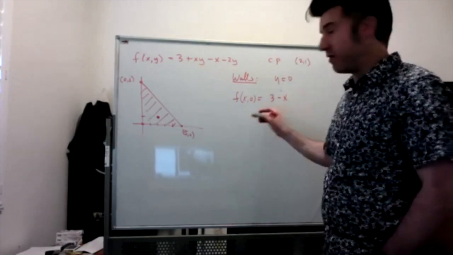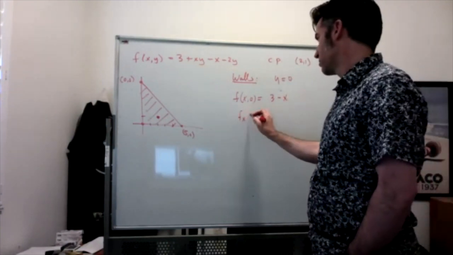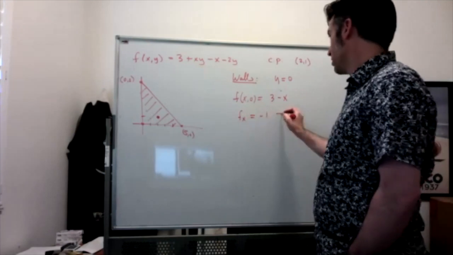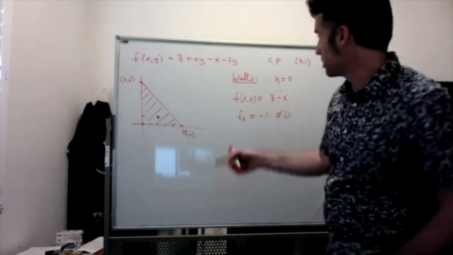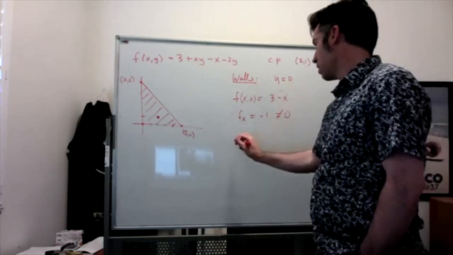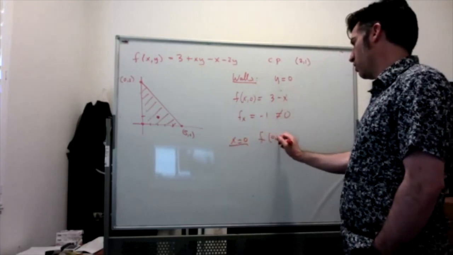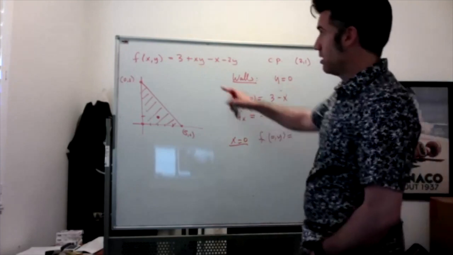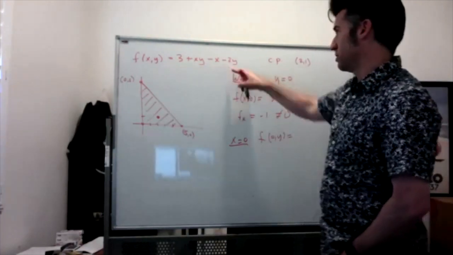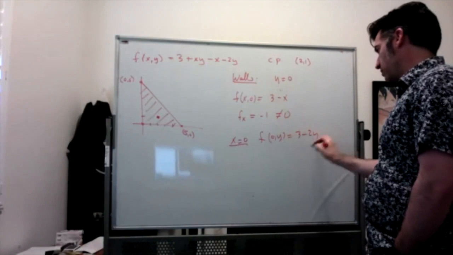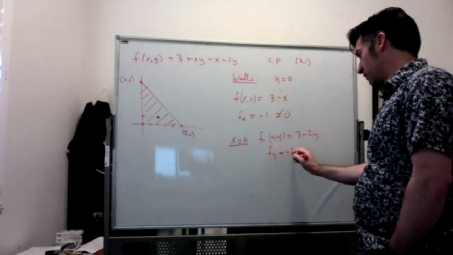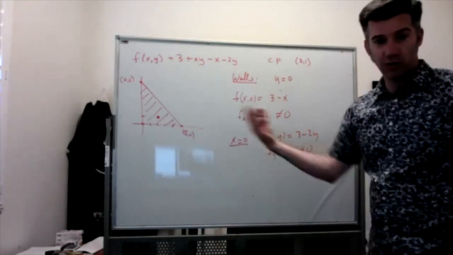The derivative of that is just negative 1, so we get no critical points along the wall y equal to 0. Along x equal to 0, f of 0, y is equal to 3 plus 0 minus 2y. Again, not very interesting. F y is going to be negative 2, which isn't 0. So no critical points along the walls.